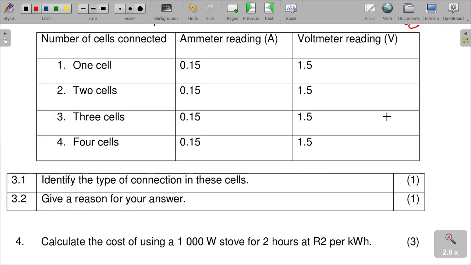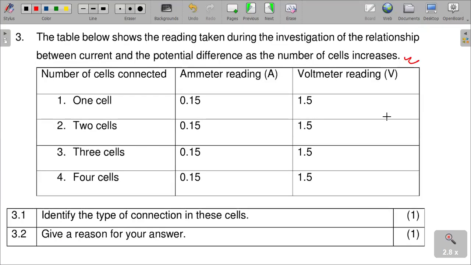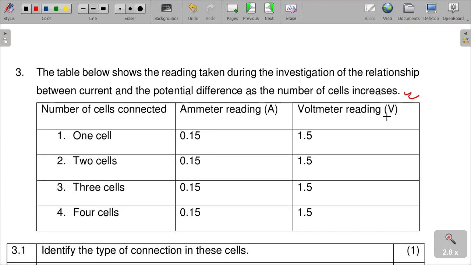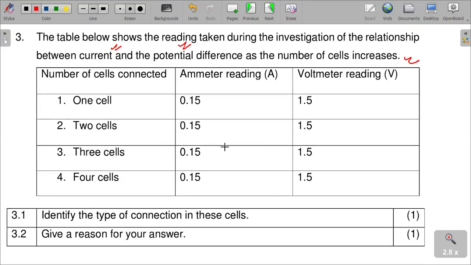As you can see, we have ammeter reading, voltmeter reading, and so forth. What makes us say that they are in parallel connection? It is a parallel.